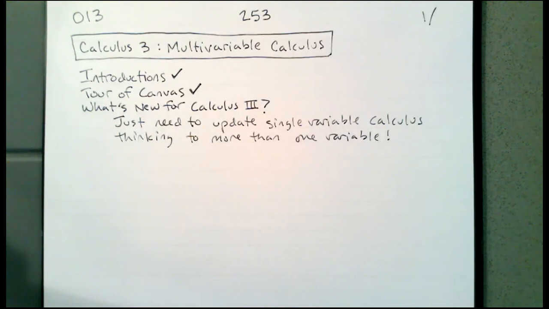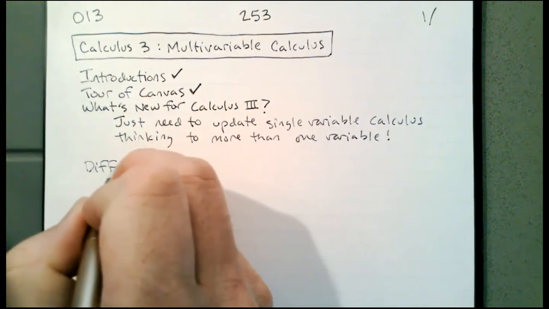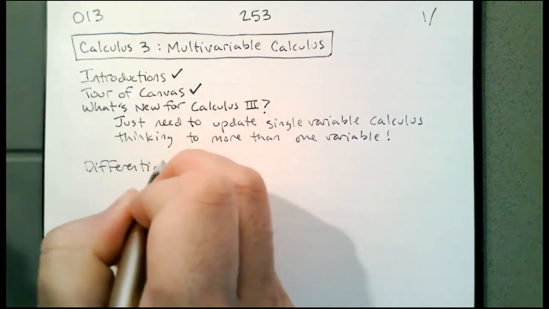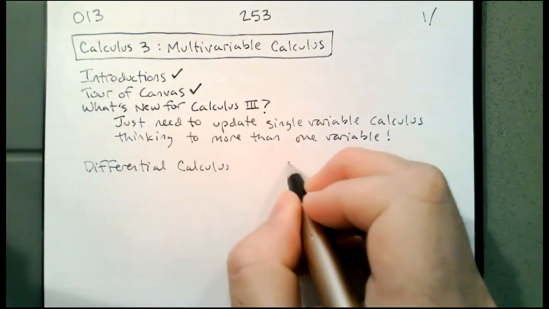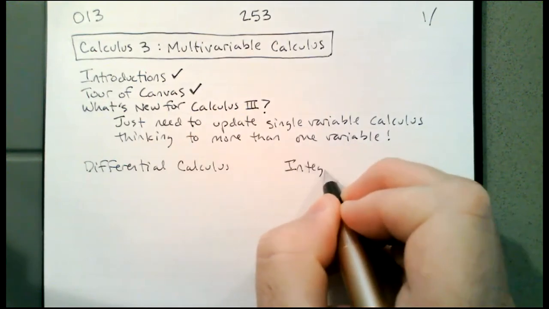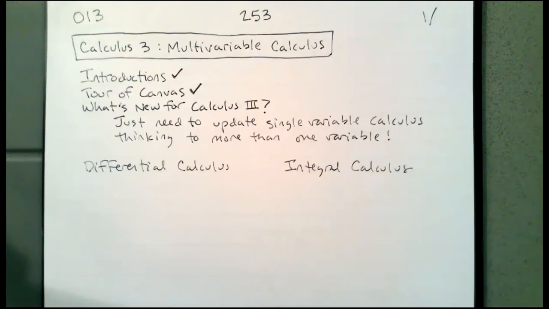So let's remind ourselves, what were the things that we did in Calc 1 and Calc 2? There's a lot of machinery going on when we were learning calculus, but we can boil it down.